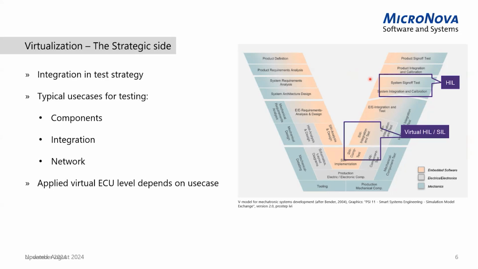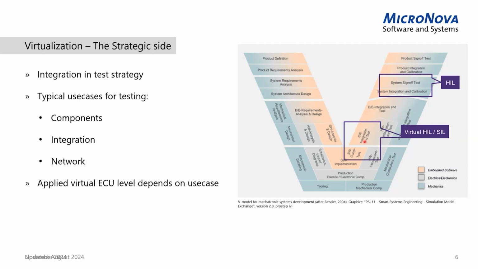And usually in the typical V model approach, where the hardware in the loop simulator is top right somewhere, we see the software in the loop, the virtual ECU, more on the software integration and testing and software component testing.